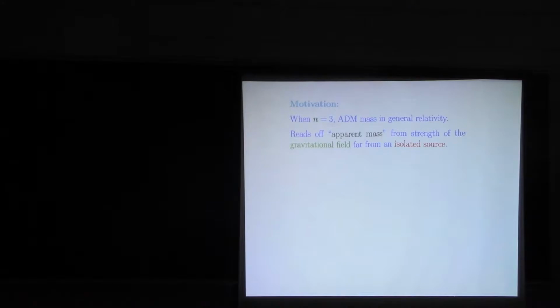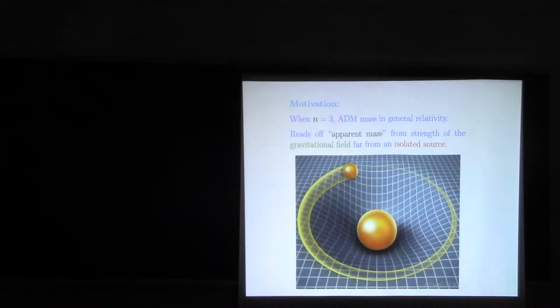It's the apparent mass from the strength of the gravitational field from an isolated source. In general relativity, the gravitational field is represented by the metric. That's why the metric is called g. It's Einstein. g actually meant gravitational field for Einstein.